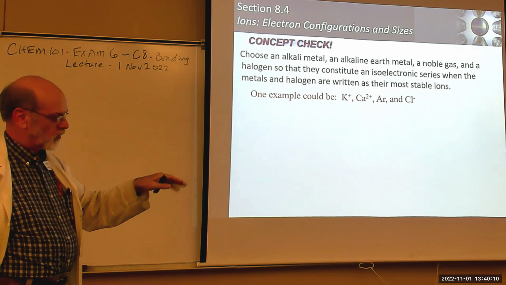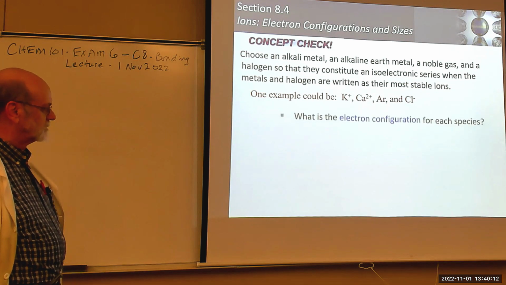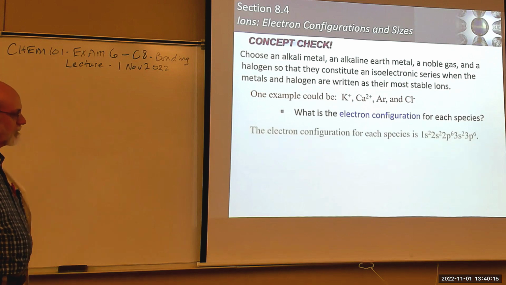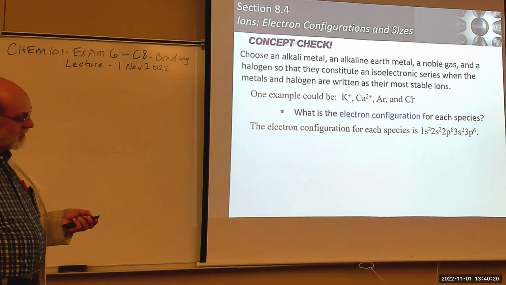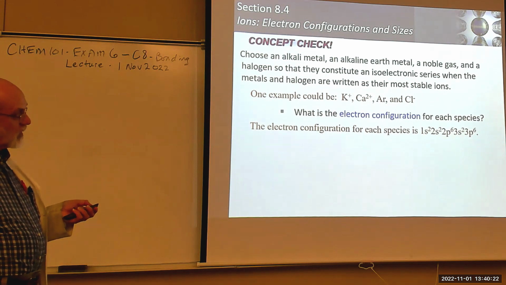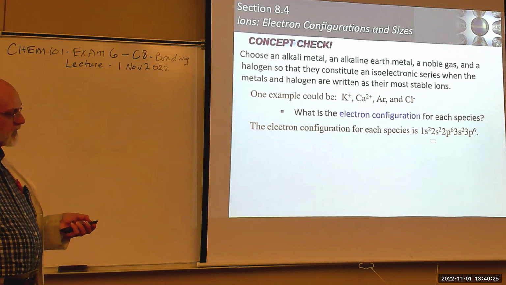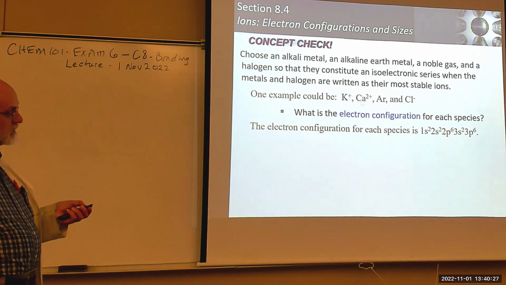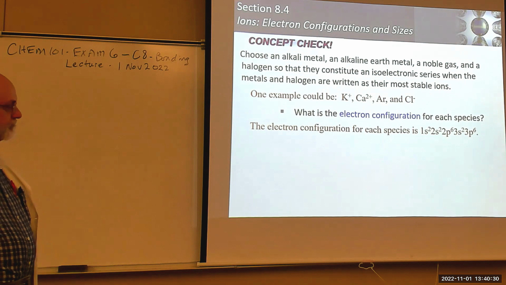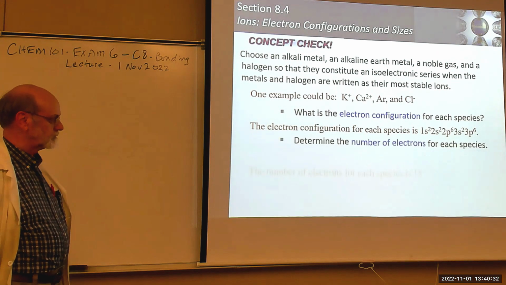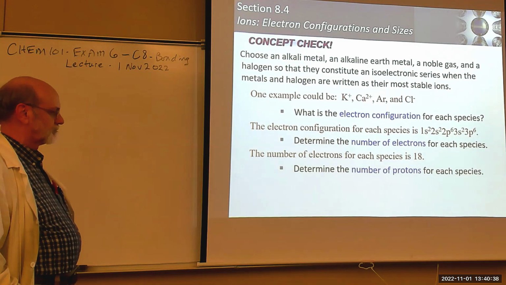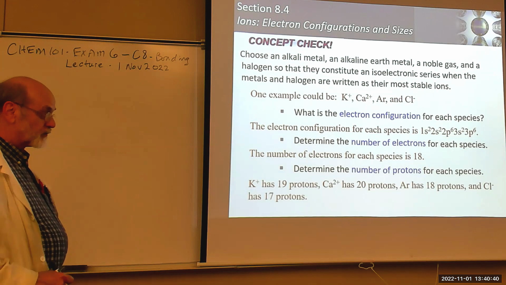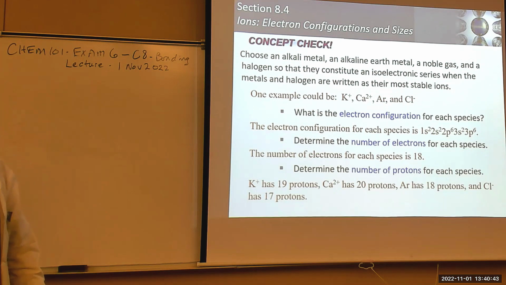Calcium's 2 removed, take away 2 electrons. So here's the electronic configuration of each one of these species, because that is the electronic configuration of argon. And this will be the same configuration for each one of these. All right. They have different protons, obviously, because they're different elements. That rule hasn't changed.